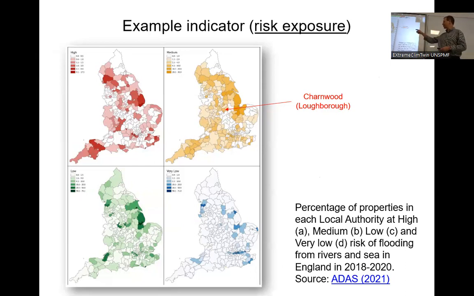Just for interest, I've located on the map where Loughborough sits, and you can see if you glance across to the red map, Loughborough or the Charnwood area actually has quite a high level of exposure to flood risk from rivers. So this map, again, can identify those hot spots of risk.